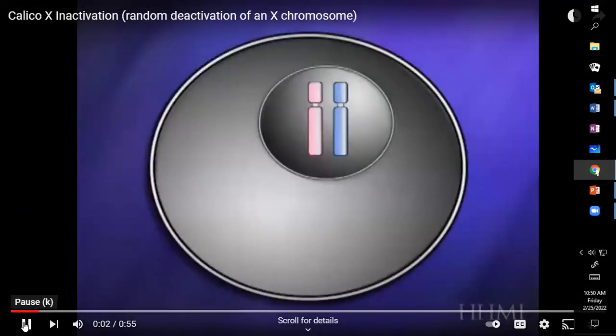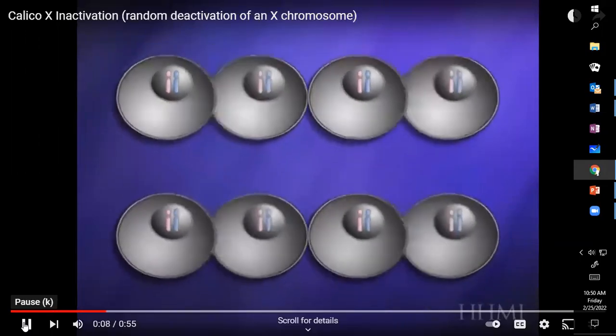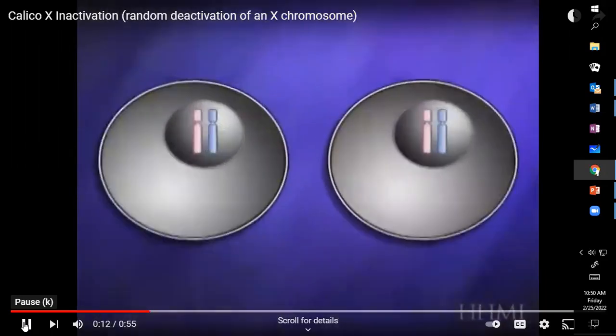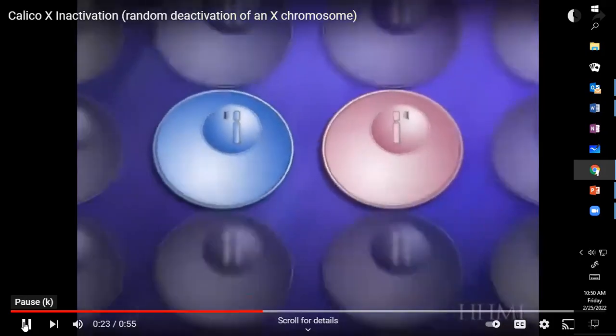The cells start out in a female with 2 X chromosomes. The cell divides and the embryo is getting slightly bigger, and still each cell has both X chromosomes active. But in early embryogenesis, each cell will inactivate one of its X's, and one cell will remain with the paternal X active, while the other remains with the maternal one.